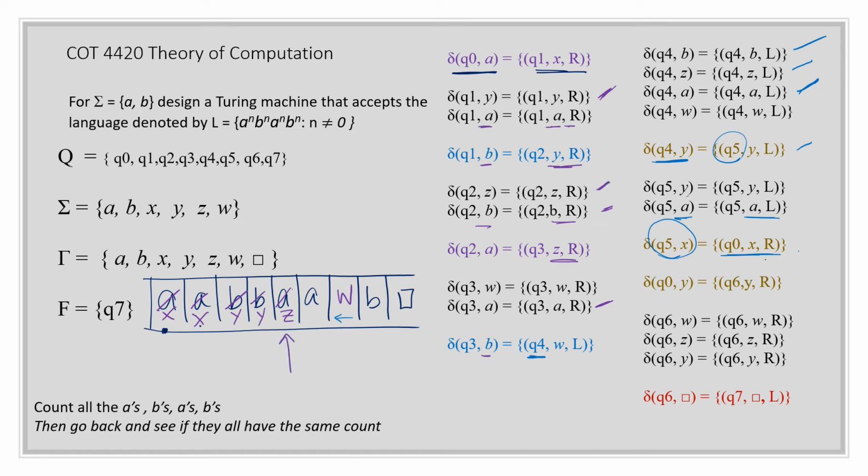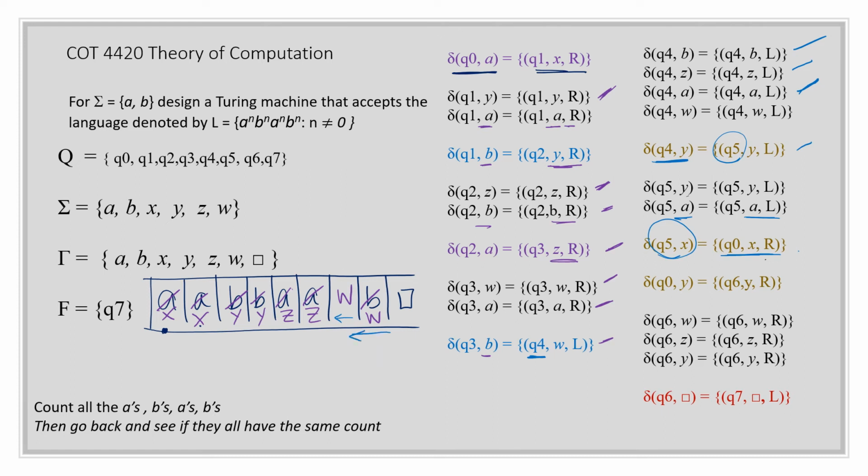Now we're going to move past this Z. We have an A, we change it to a Z, we move right. Now we're going to move past this W. Now we have a B, we're going to change it to a W, and then we're going to head back left again.